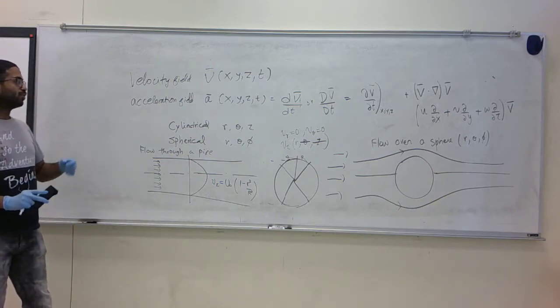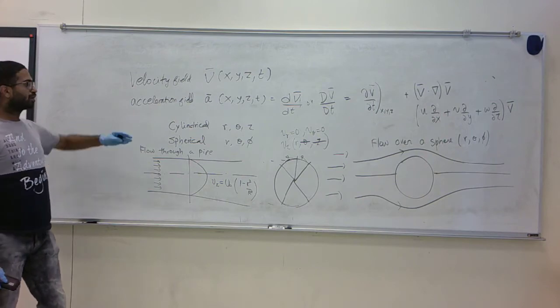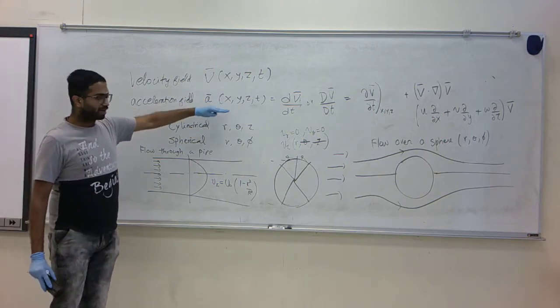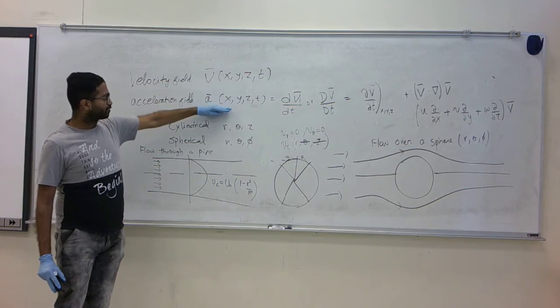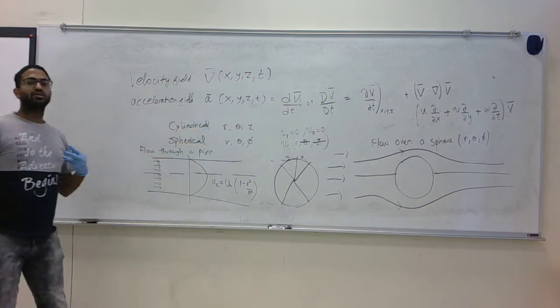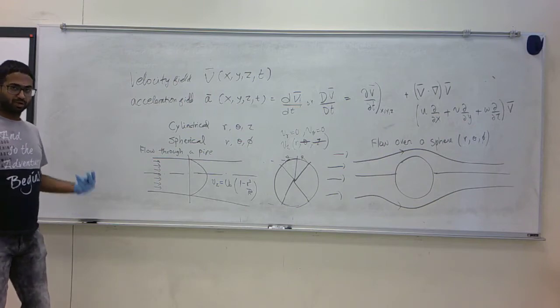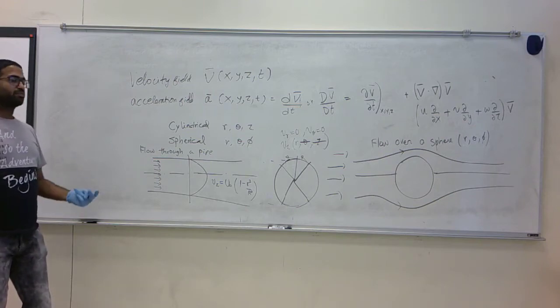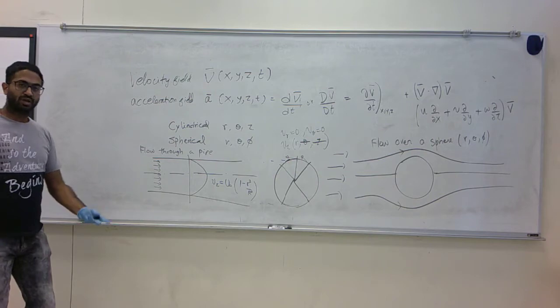So we want to go beyond just these conventional orthogonal coordinates of x, y, z, r theta z, and r theta phi. There is also one more way of describing an orthogonal coordinate system that is based on the definition of a streamline.